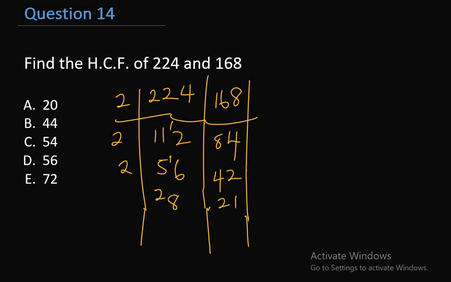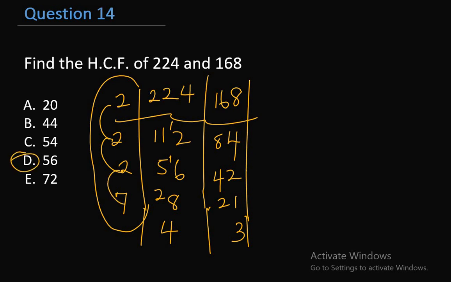Okay, I actually did the right thing. Then 7 now can divide both of them, which gives 4 and 3. Now, nothing can divide 4 and 3. So my HCF will be the product of these. 2 times 2, 4, times 2, 8, 8 times 7, 56. The HCF is D. Take note of that.